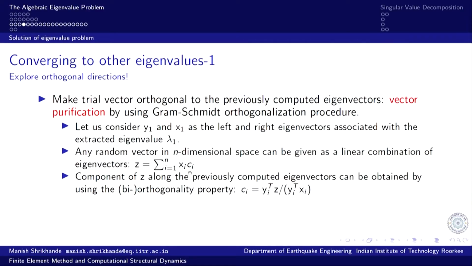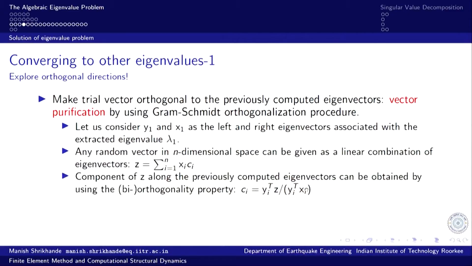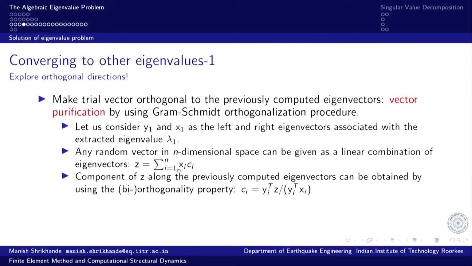So, if we choose the ith vector, y i transpose z, only the ith term in this entire expansion will remain and the rest of the terms will vanish by virtue of orthogonality. y i transpose x i goes in the denominator, and that gives us to what extent x i is present in making up the trial vector z.